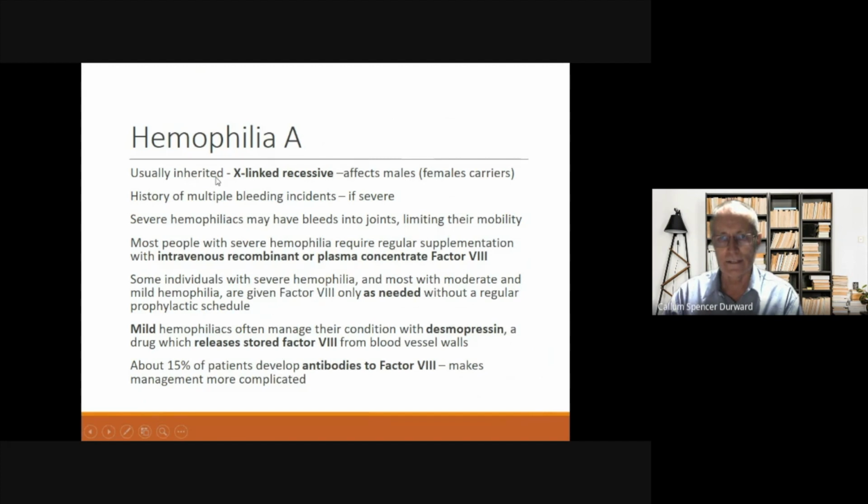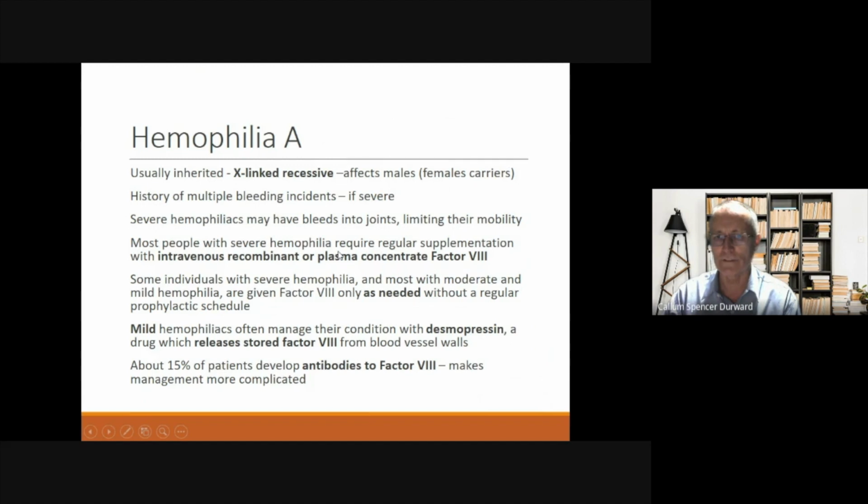Hemophilia A is usually inherited, and it's an X-linked recessive condition affecting males, although females can be carriers. There may be a history of multiple bleeding incidents. Severe hemophiliacs may have bled into joints, limiting their mobility.